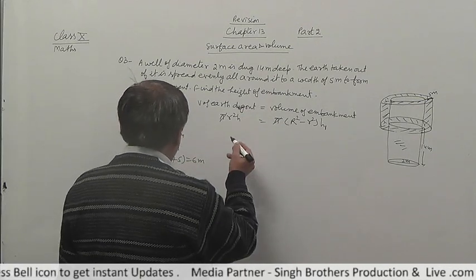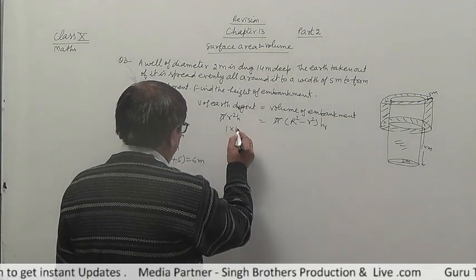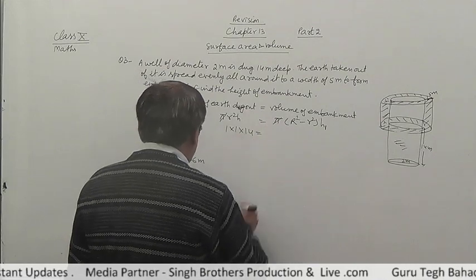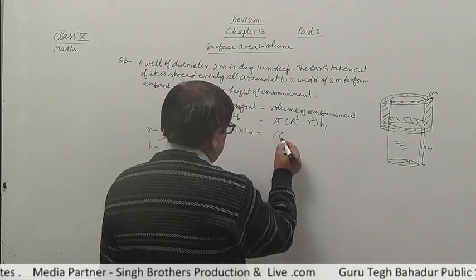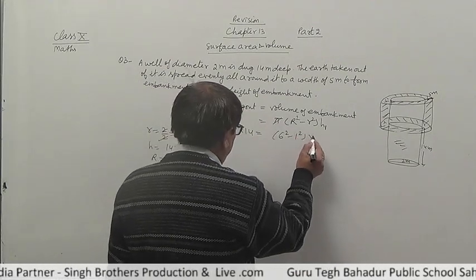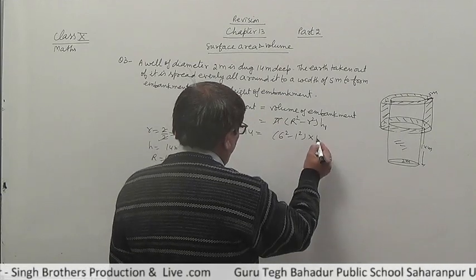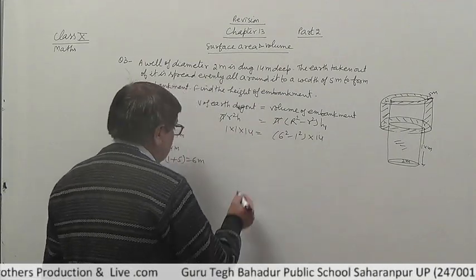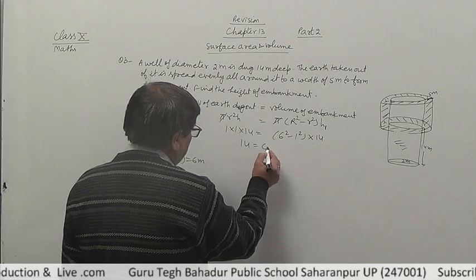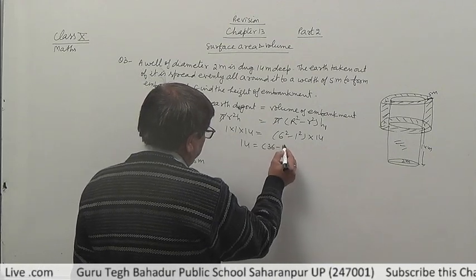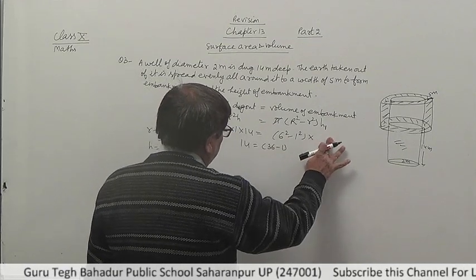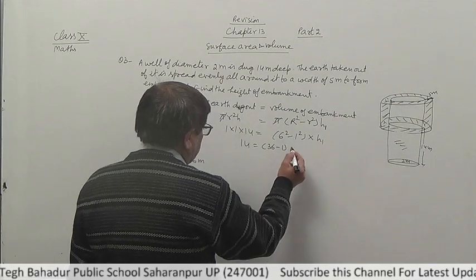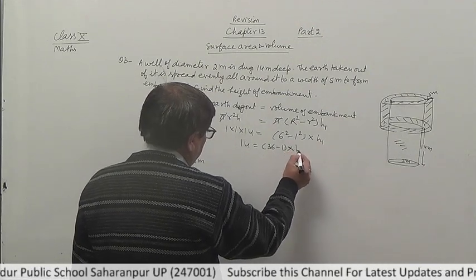Now putting its value, 1 into 1 into 14 is equal to 6 square minus 1 square into H1.